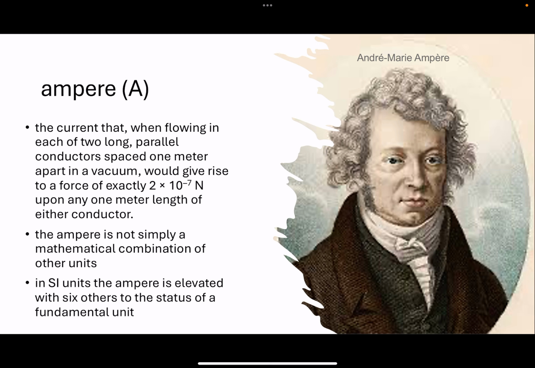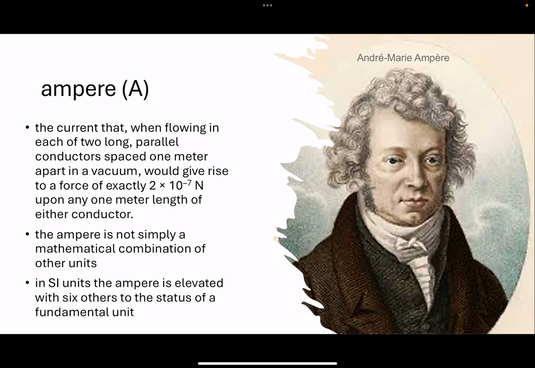So although this definition refers to specific values of force and distance, the ampere is not simply a mathematical combination of other units. It's basically elevated to the level of the other 6 fundamental units.